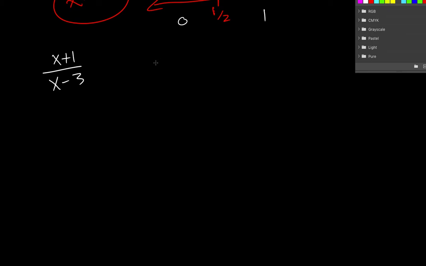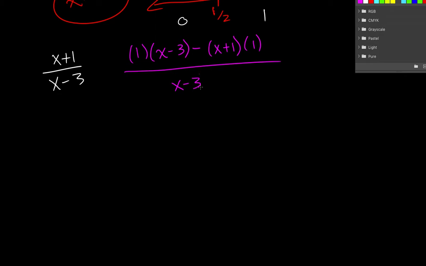Once again, I'm going to flip back to the quotient rule, and we take the derivative of the top, which is just 1. Then we times that by the bottom. We subtract that from the top times the derivative of the bottom. And then everything is over x minus 3 quantity squared.